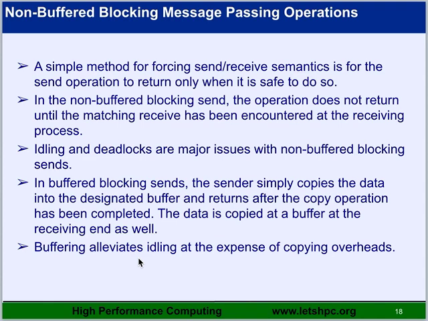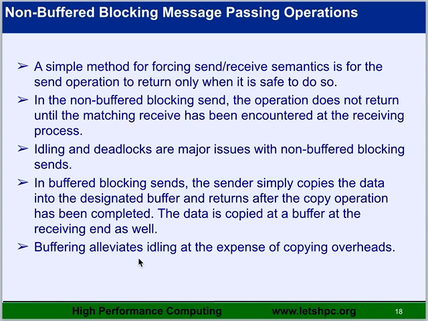Now, how does this buffering take place? If you just look at this example, it might look easy to ensure that the send and receive operations are done correctly, but we need some hardware support to do that correctly.